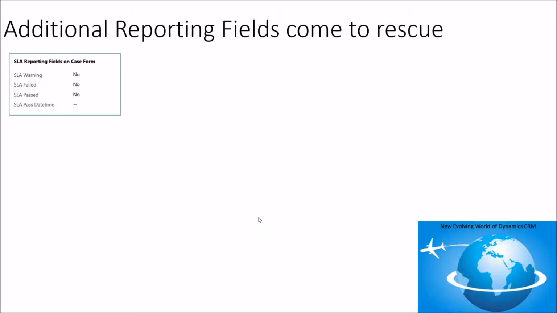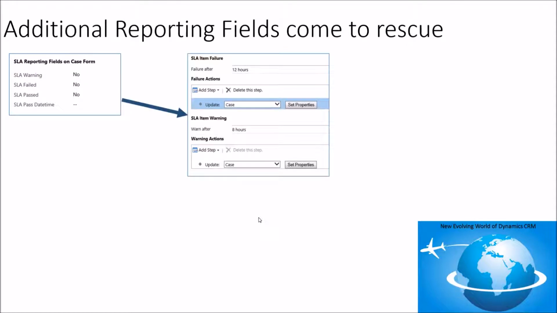Now how do I capture it? I created these fields on the case form. I can keep them hidden, I can keep them visible, up to your implementation. In my case I kept them hidden. I'm just showing them here for the purpose of the demo. So how do I populate them? The population is pretty simple.